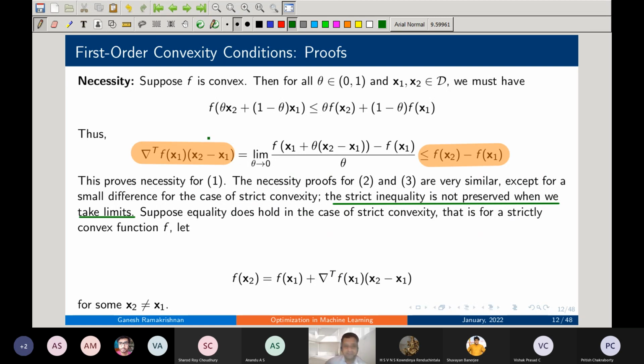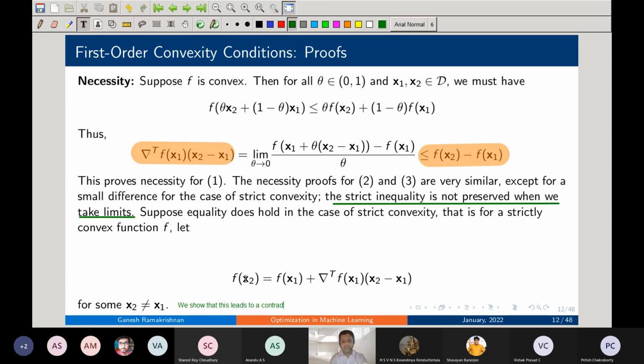Then what happens? f of x2 is equal to f of x1 plus the dot product between gradient f at x1 and x2 minus x1, for some x2 not equal to x1. And we show that this actually leads to a contradiction. So the next step would be to show that this leads to a contradiction.